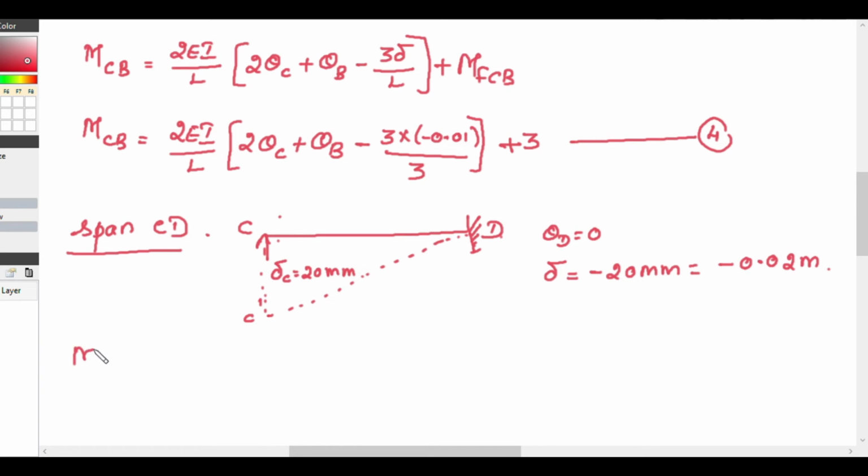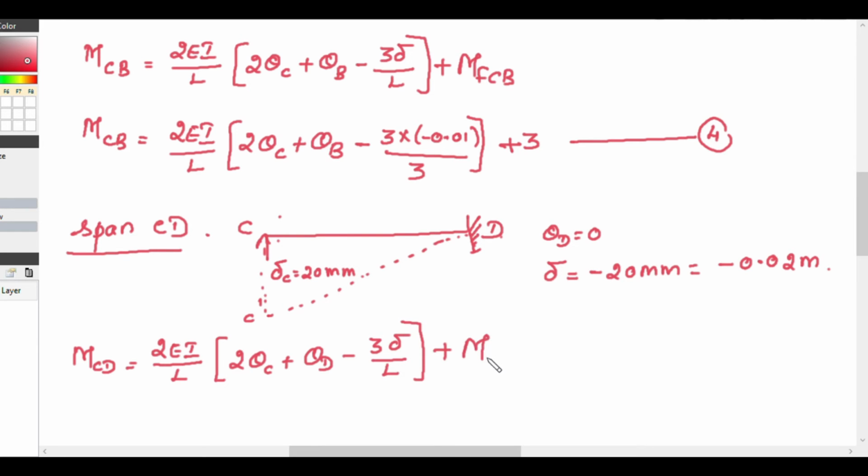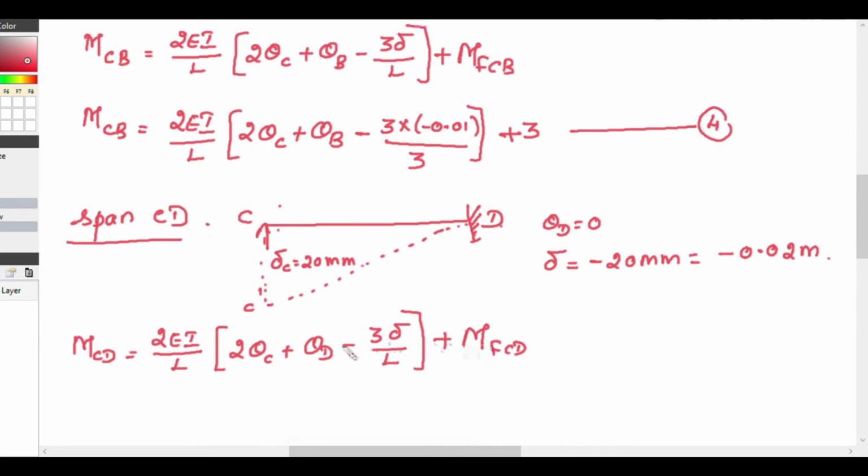So now the formula is MCD is equal to 2EI by L into 2 theta C plus theta D minus 3 delta by L plus MFCD.